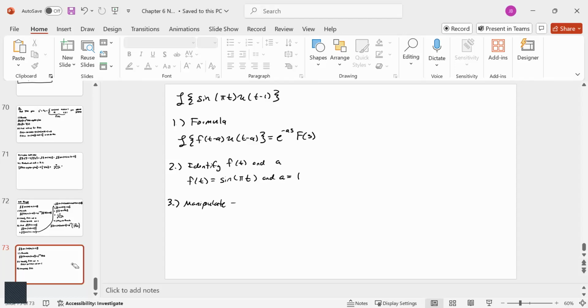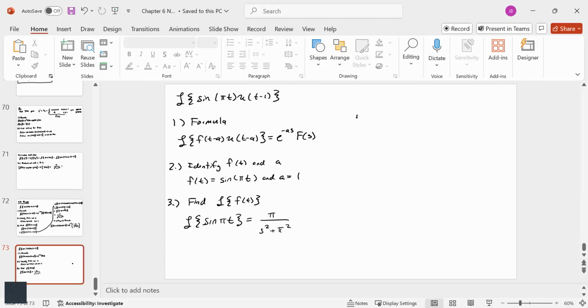Actually, you know what? We're going to do it this way. This is better. We are going to find the Laplace transformation of f of t. So the Laplace transformation of sine of pi t is equal to pi over s squared plus pi squared.